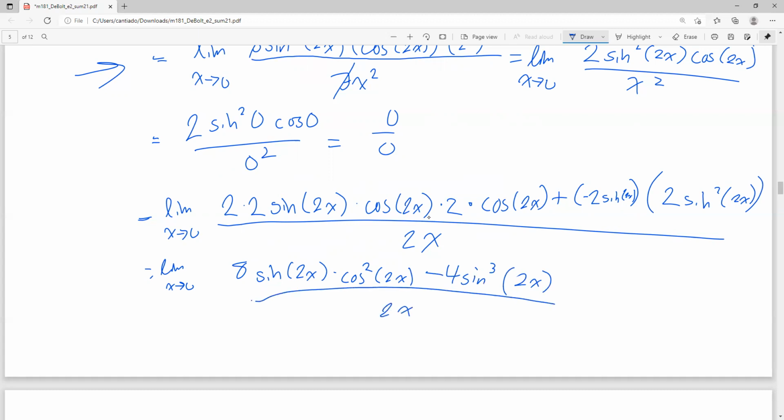And we can simplify this out, so I can divide 2 from all this. This will be 4, and this will be 2.